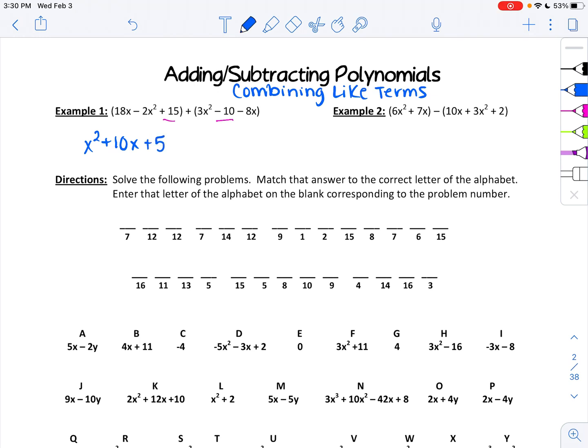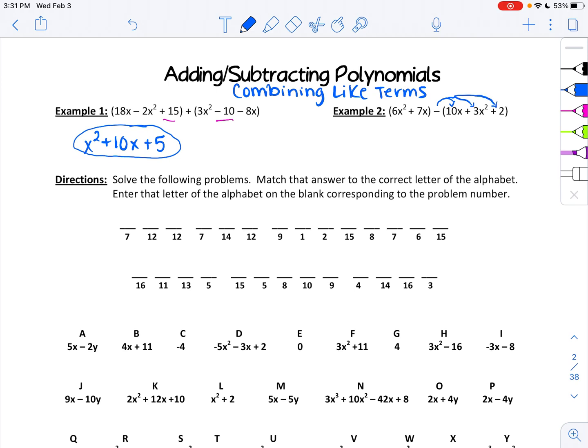And because I looked at it in order, when combining, it's already in standard form for me. Now in example 2, because we have subtraction in the middle, we're subtracting a binomial minus a trinomial. So again, I'm going to start by distributing that negative to everything inside the second parentheses.